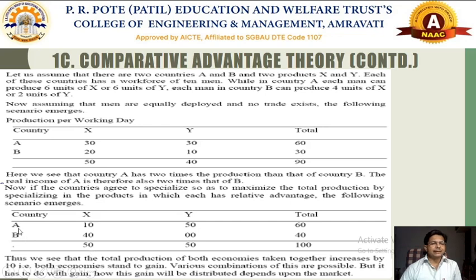If country A has sufficient technological resources, they will transmit those to country B so that country B can produce more, and in this way they can have 100% production.